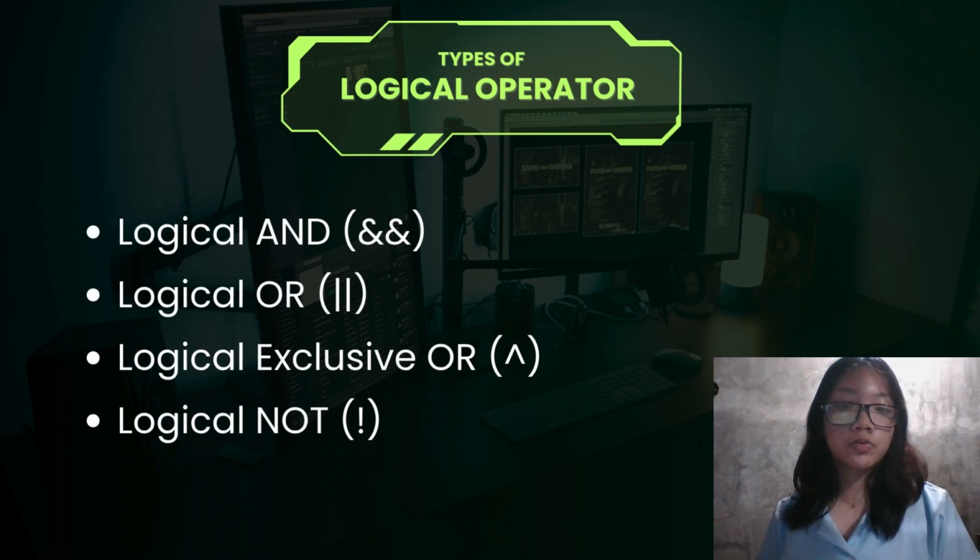It returns true if both conditions are true, while logical OR returns true if at least one condition is true. Lastly, logical NOT reverses the truth value, denoted as exclamation point. Logical operators are essential when building decision-making statements, such as validating user input or checking multiple conditions at once.